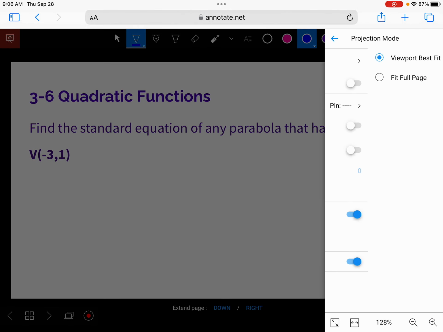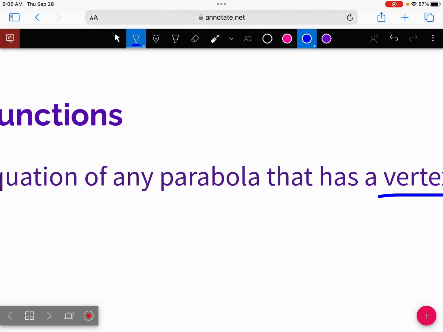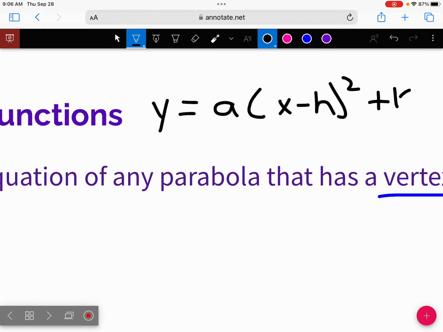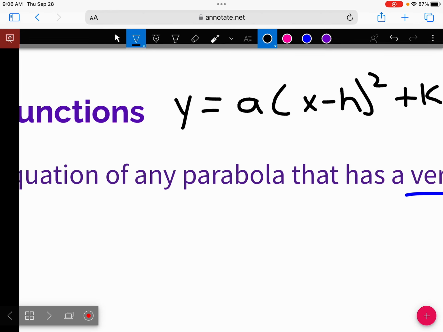So, I'm going to do this. Our vertex form of a quadratic, that's the same thing as our transformation form: a(x minus h) squared plus k, this guy. Our vertex is what values? h and k.